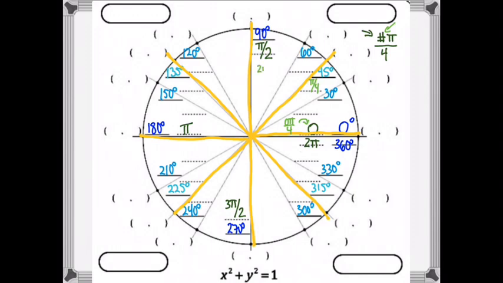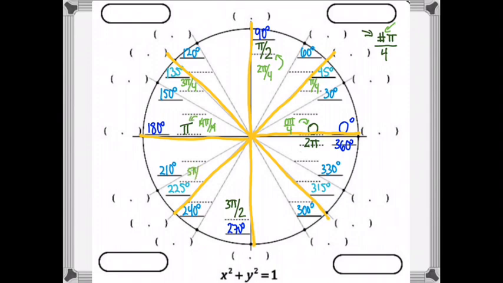This is going to be 2 pi over 4, but we know that 2 over 4 reduces down to 1/2, which gives us that. The next one is 3 pi over 4. 4 pi over 4, where the 4's cancel out, and we just get pi.